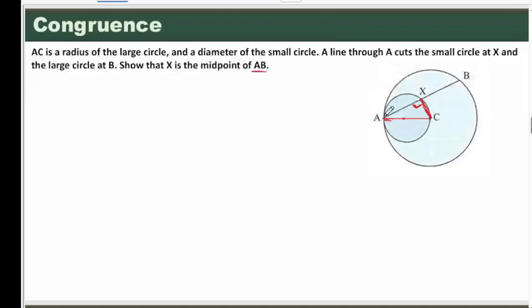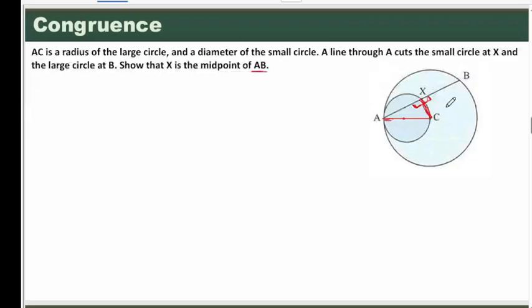Here I have a semicircle, AC is the diameter of the semicircle, and X is located at the circumference of this semicircle. So the angle would be 90 degrees. AB is a straight line and A, X, and B are collinear. So this one would be 90.